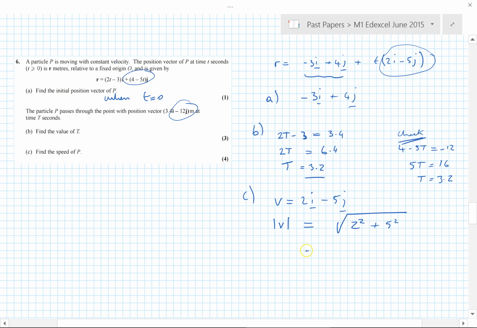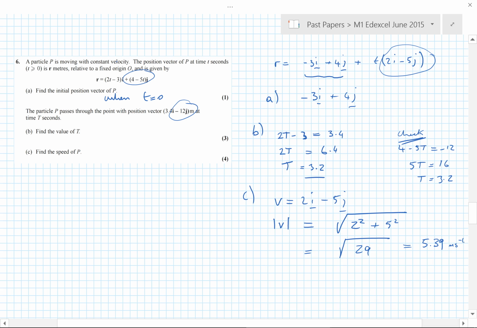I tend to ignore the negatives because they just come to positive anyway. So it's the square root of 29, which is equal to, if we better give 3 significant figures, 5.39 meters per second. That's it. Question 6 is done.